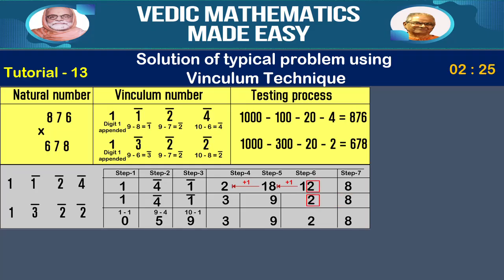Now, retaining only the unit place digit at each step and carrying the remaining digits to the respective previous steps and adding, we get 1, 4 bar, 1 bar, 3, 9, 2 and 8.